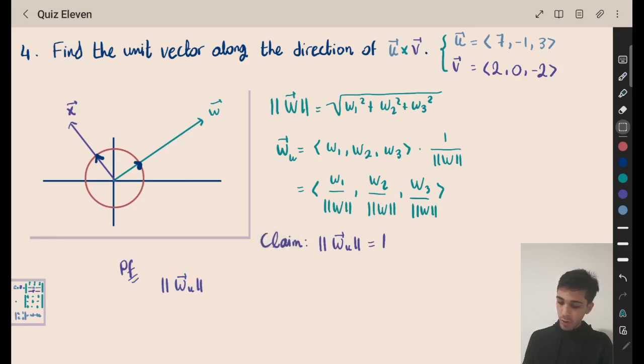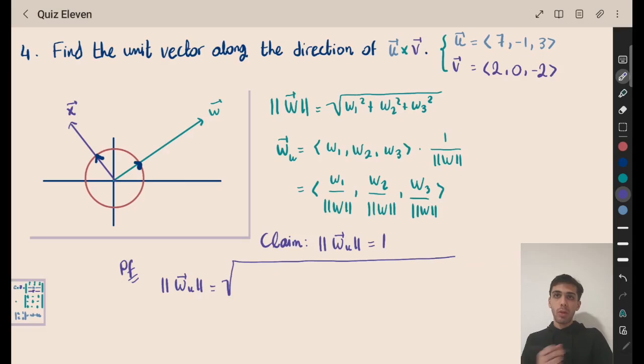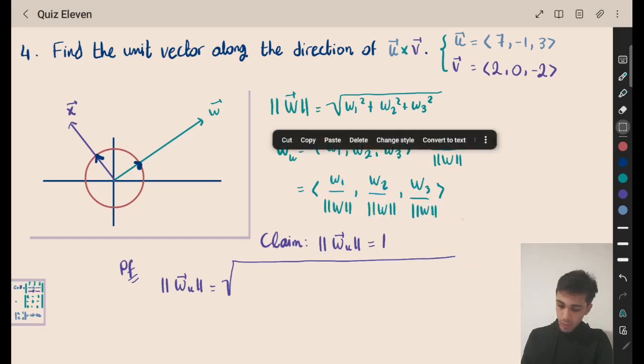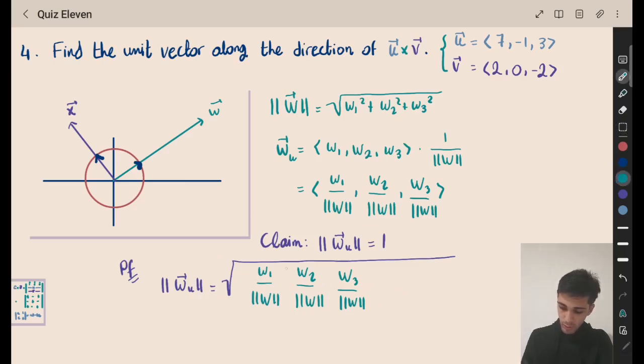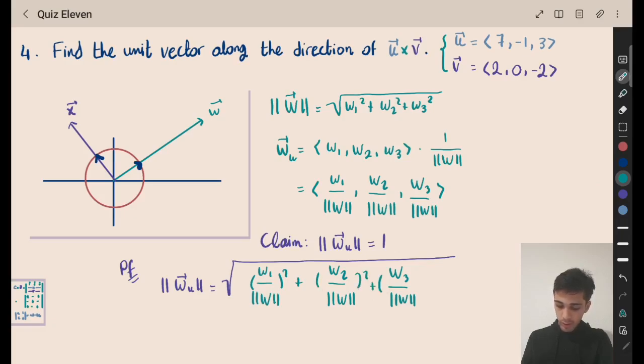The norm of WU will be the square root of the squaring of each component in this vector. Just like this. I square this, I square this, and I square that.